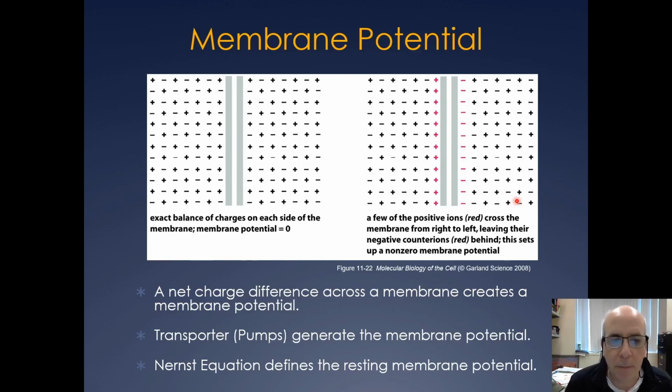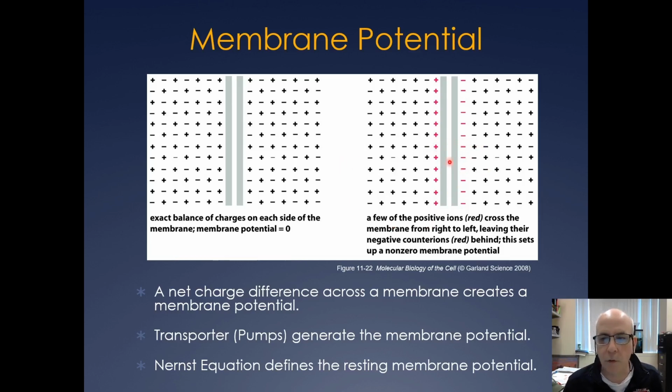So membrane potential becomes very important here. If you have the exact balance of charges on each side, the membrane potential is 0. However, if you have a net positive charge on the outside and a net negative charge on the inside, that gives you a non-zero membrane potential.